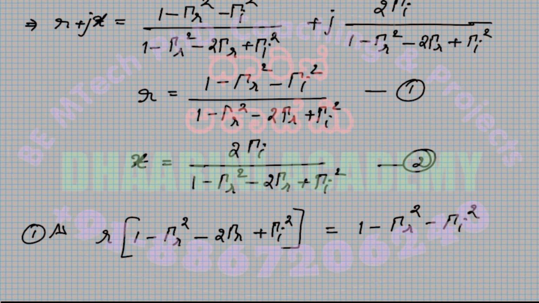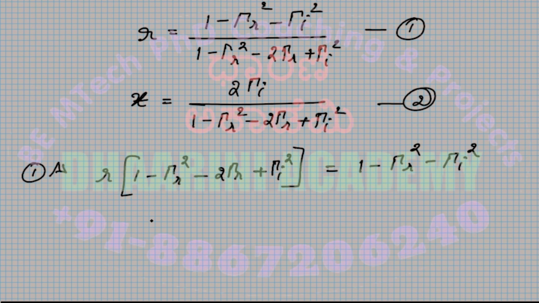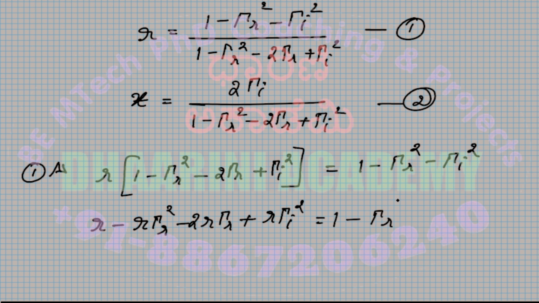Let me multiply them, and then simplify later. So that is R minus R times gamma R square minus 2 times R into gamma R plus R times gamma I square is equal to 1 minus gamma R square minus gamma I square.